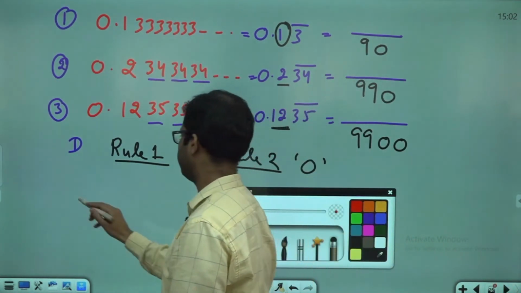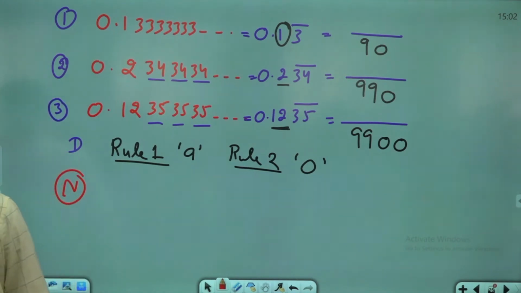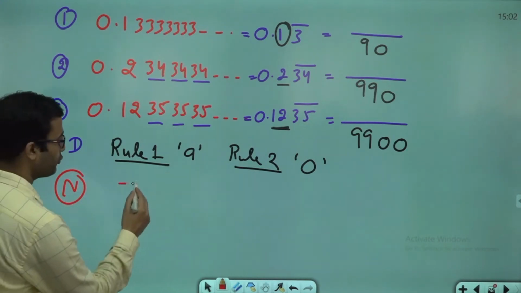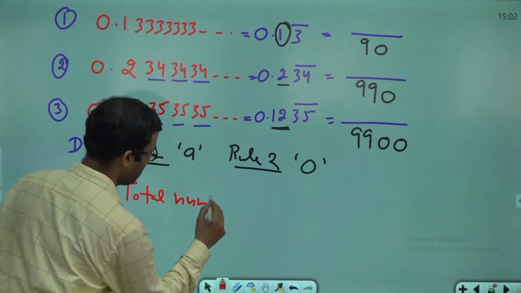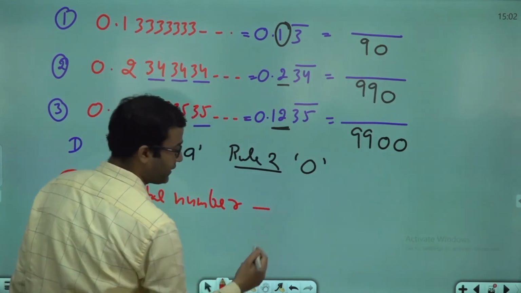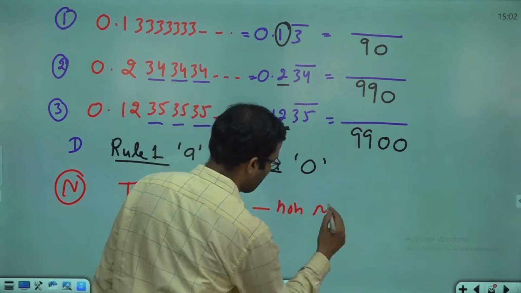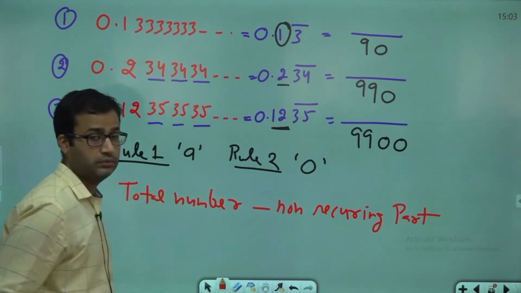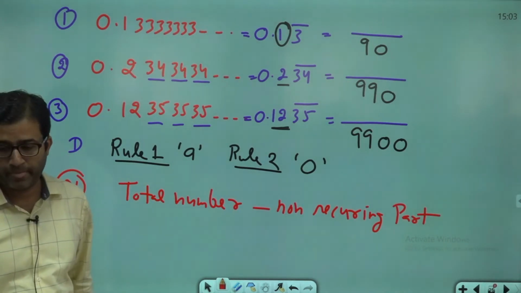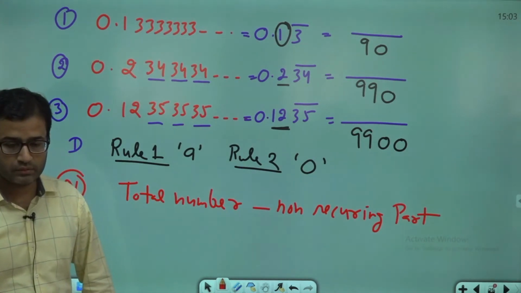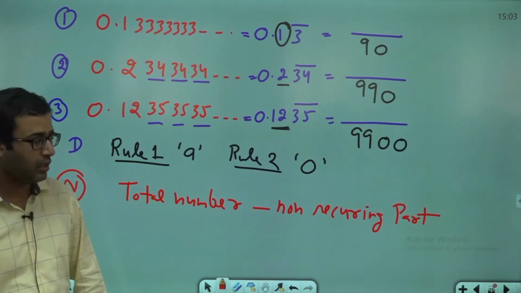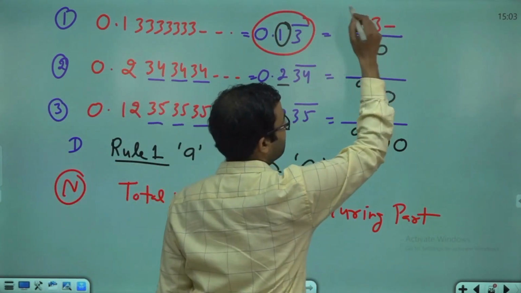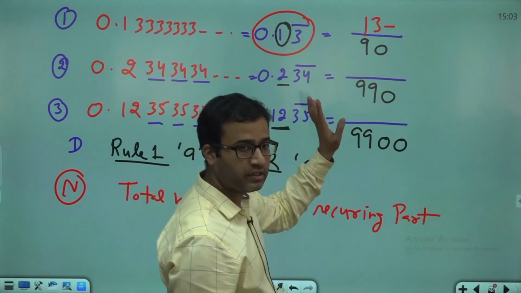Next is the numerator. The denominator has two things, so the numerator also has two things. What is the numerator? Total number minus non-recurring part. Let me solve this. Total number is 13. Out of 13, 3 is recurring, 1 is non-recurring.